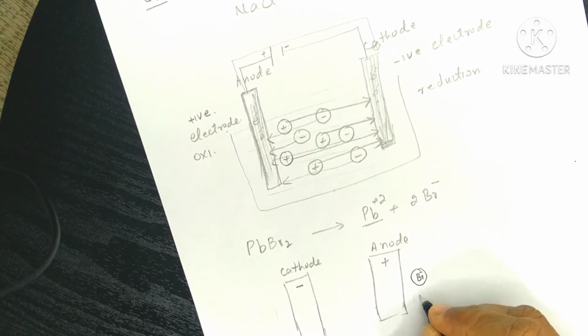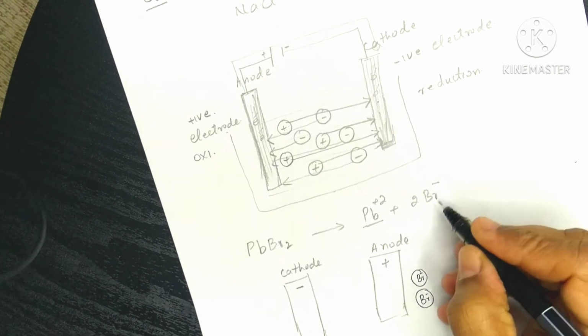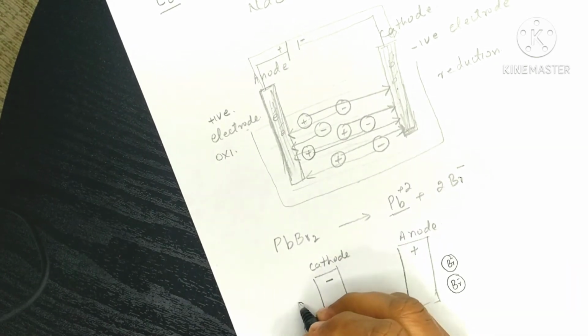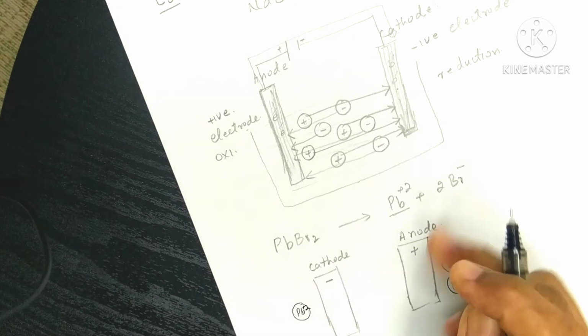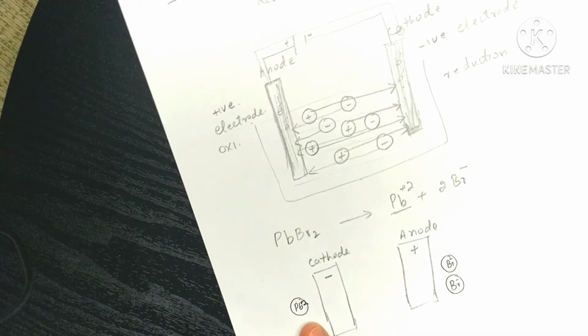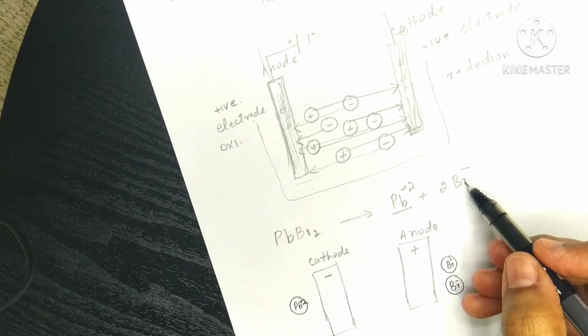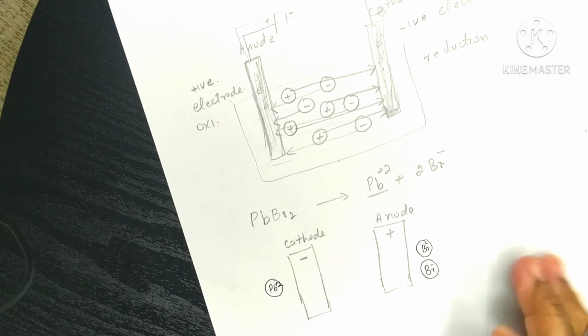Here I have these two bromide ions, and here I have the lead ion. Because lead has a positive charge, it will move towards the cathode, and the bromide ions, which have a negative charge, will move towards the anode.